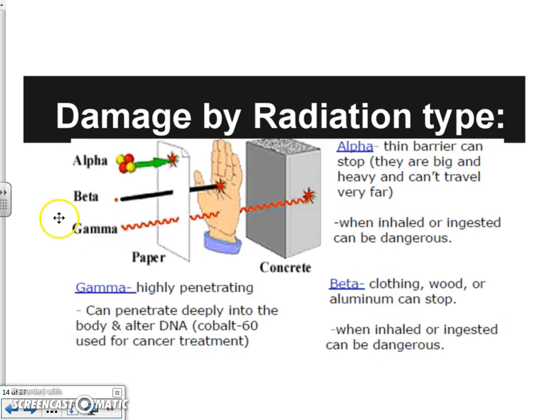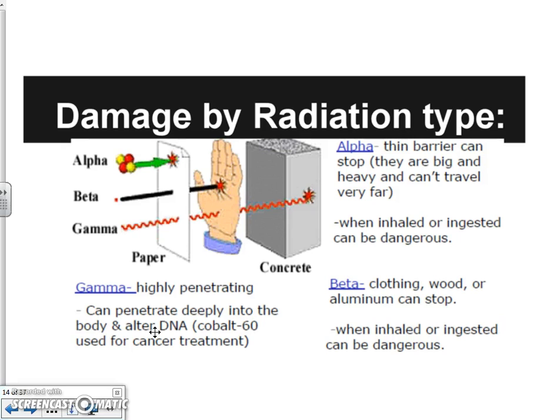It's the gamma that we really worry about. Here, a high energy, small particle will penetrate through multiple layers of concrete. I mean, you're talking feet of concrete that this gamma particle will move through. And when it does, it's going to start altering the DNA in your cells, causing mutation. That mutation is usually what causes things like cancer.